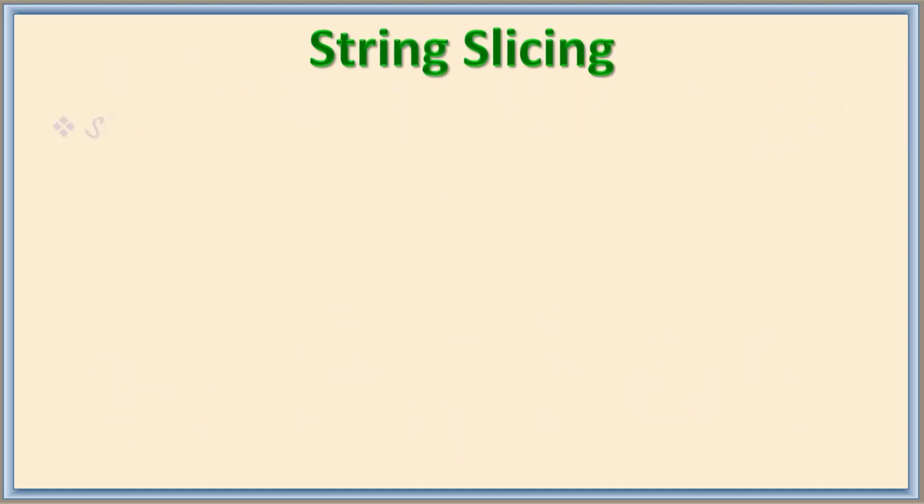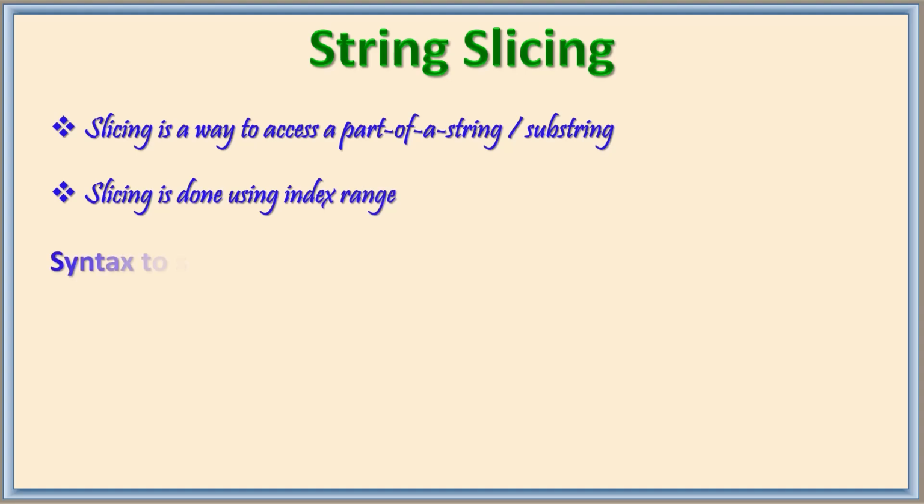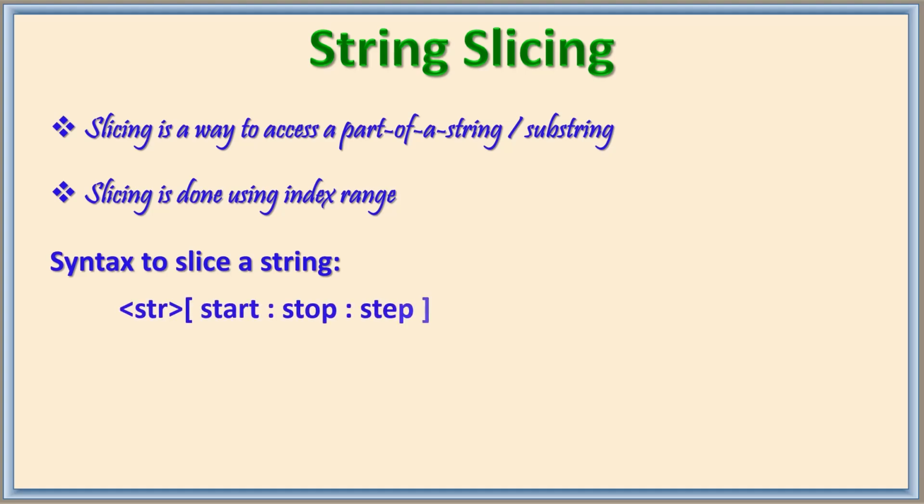What is slicing? Slicing is a way to access a part of a string, or a substring, we can say. Slicing is done using an index range. Now let us know the general format to slice a string. String and then open the square bracket, and then there can be a maximum of 3 numbers, that is integer numbers given. First one is the start, that is the starting index number, and the next one is the stop, that is also an index number, and step is the integer for how many steps to jump.